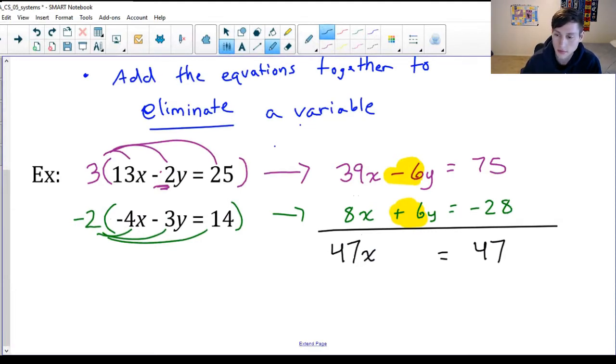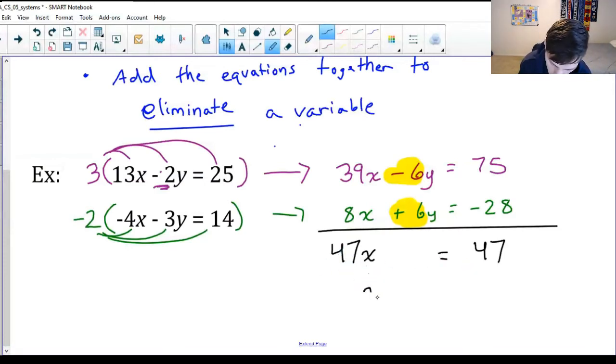Two. What does 2 mean? Aha, I see. From here, easy solving.